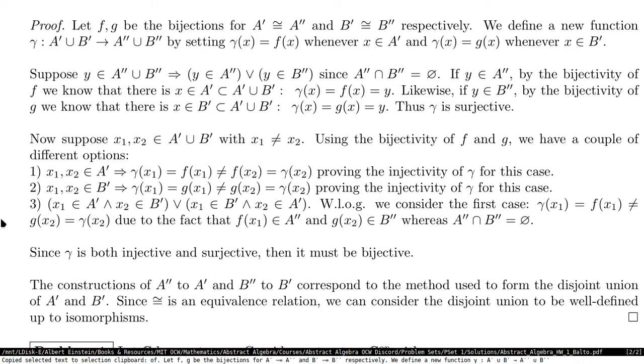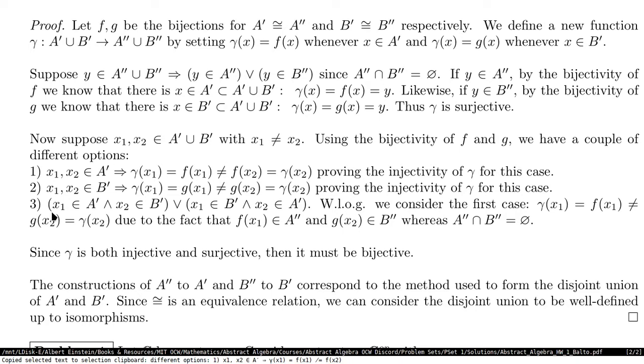Again, you use the bijectivity of f and g, but this time you're taking two elements that are distinct. So gamma of x1 will give you f of x1, and that will be distinct from f of x2, right? And thus gamma is injective for this case. And you do the same for the other case when you take two elements in B prime.